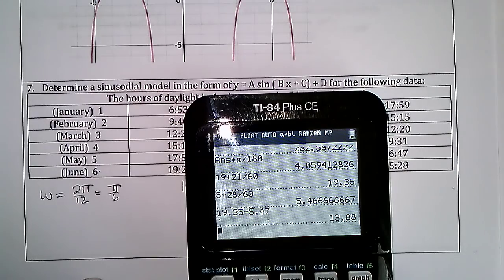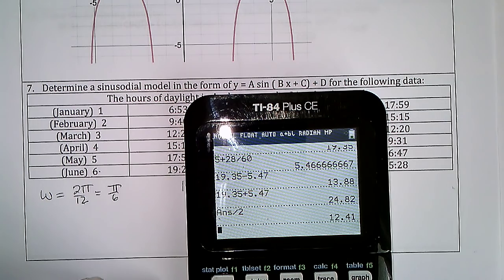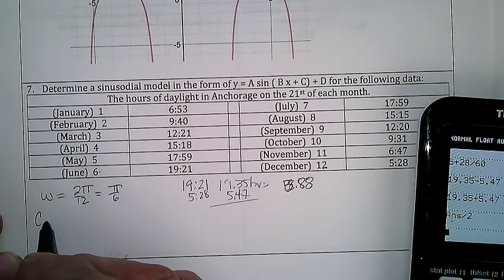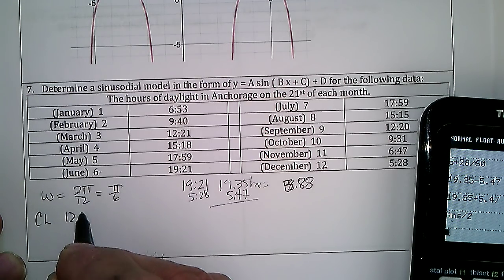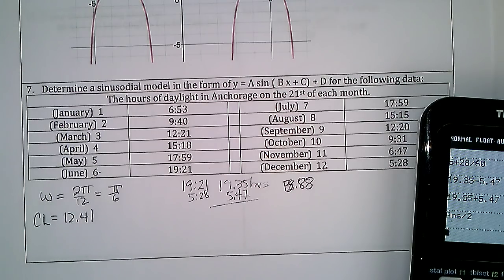And the average of those two, 19.35 plus 5.47 divided by 2, gives the center line at 12.41. That's the average of the high and the low.